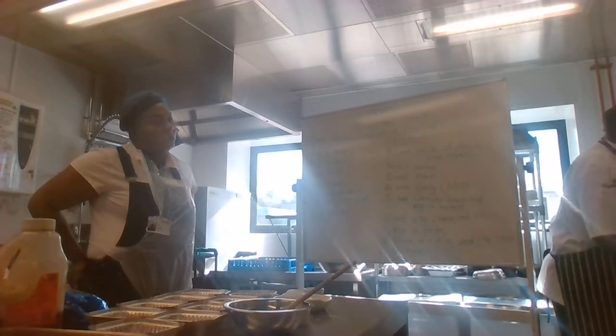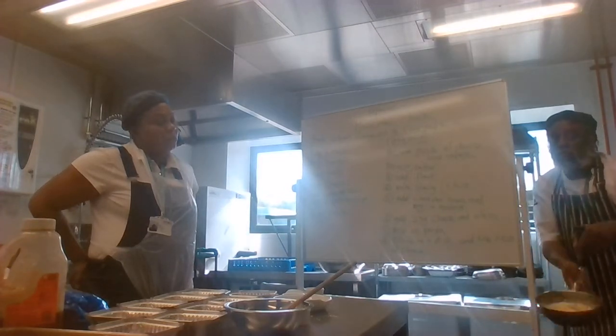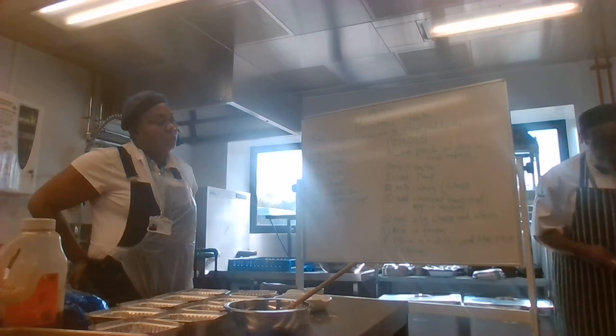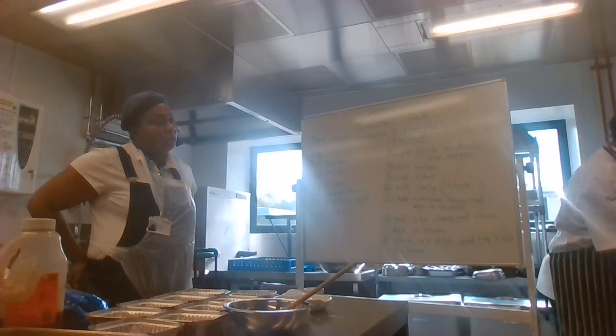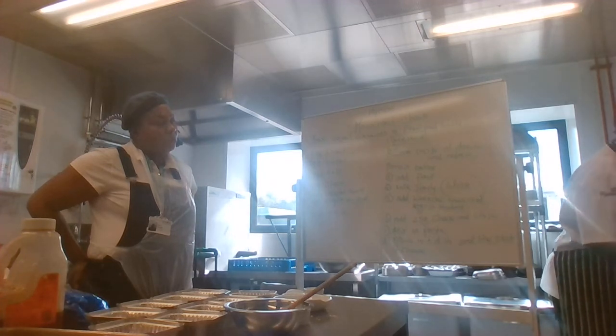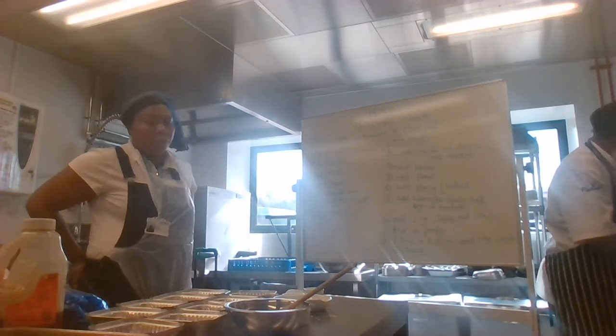So it's starting to smooth, but it's still a bit thick. So when I add the rest of the milk to it slowly, it will become a nice smooth sauce.